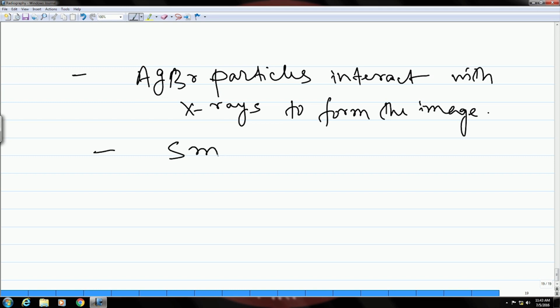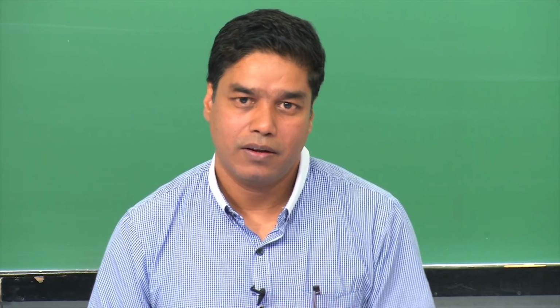A small fraction of the X-ray energy is used in liberating the silver ions, as I told, which will form the latent image, and when you further develop it, you will get the contrast.